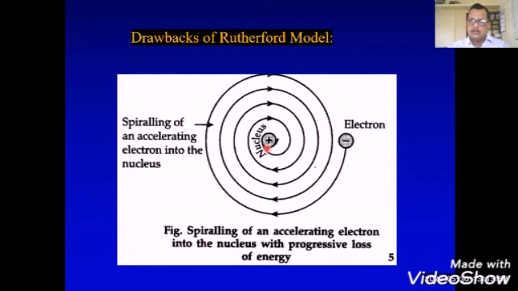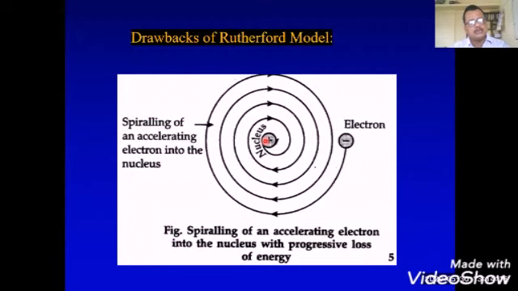So this is the main drawback of Rutherford's nuclear model. That means if you go along with the nuclear model of atom proposed by Rutherford, instead of revolving around the nucleus, the electron will continuously lose energy, follow a spiral path, and fall into the nucleus.